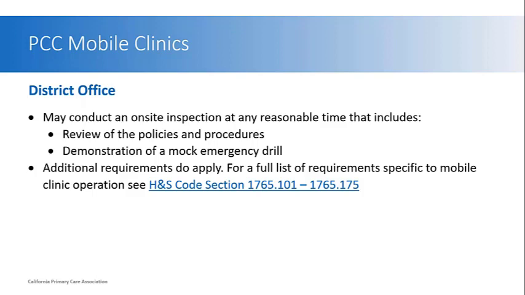For a full list of requirements that a district office surveyor may inspect, please review Health and Safety Code Section 1765.101, linked on this slide. After the district office completes all required surveys, the application is sent to the Provider Certification Unit and then on to the Provider Enrollment Division at DHCS for enrollment into Medi-Cal PPS.